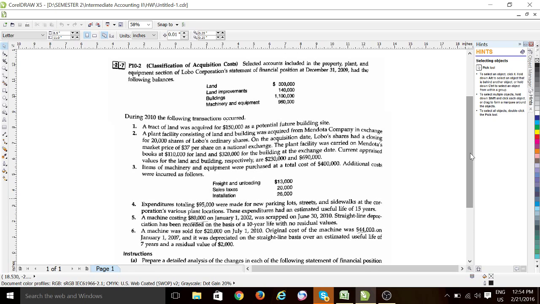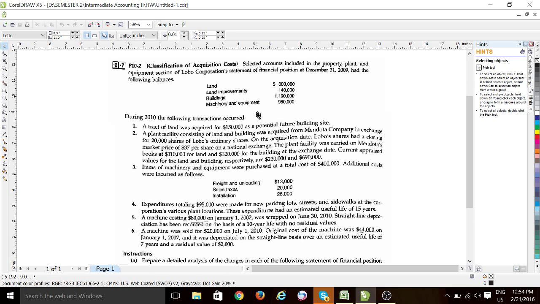Before we are going to solve the problem, let's see the following transactions that occur on 2010. In the problem, we are given this statement of financial position at December 31st, 2009.